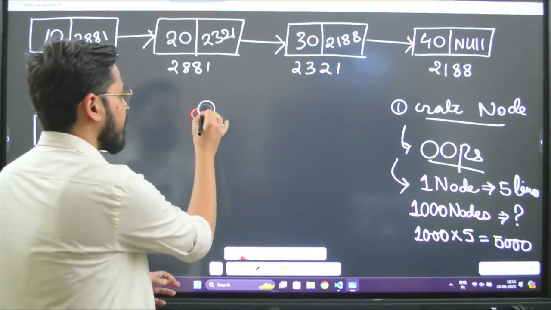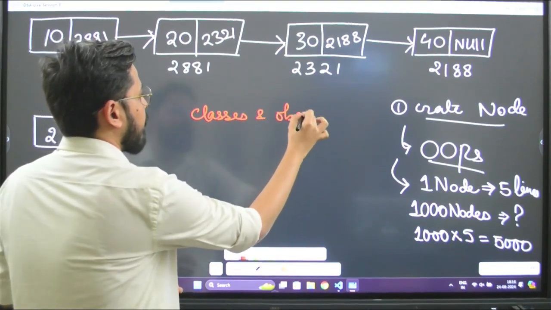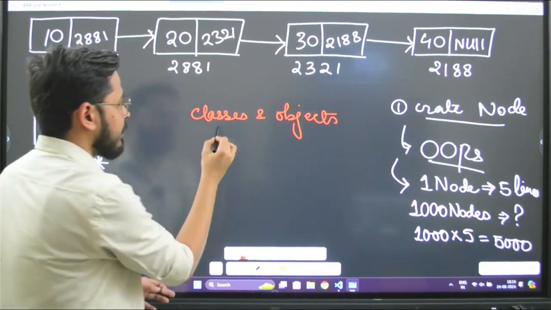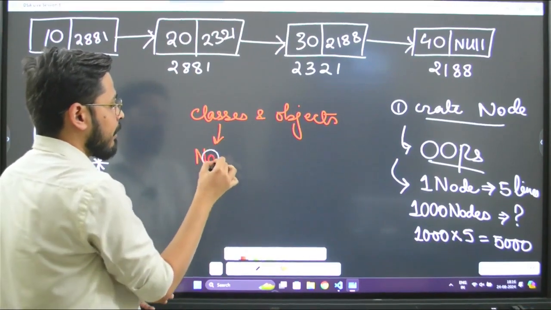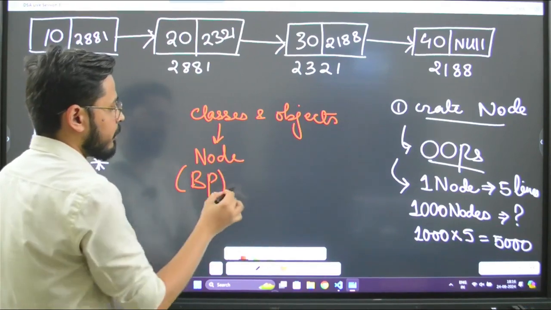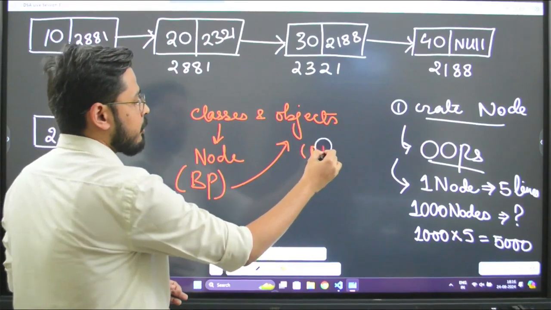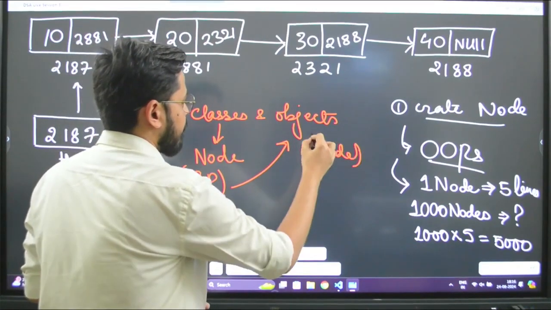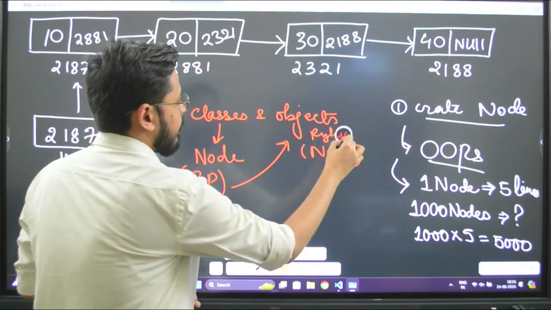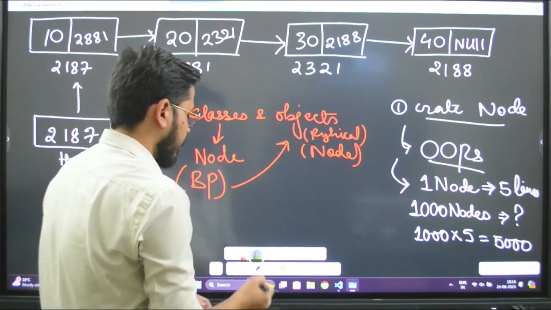We will use classes and objects, where I will create node as a class which will act as a blueprint for creating the object. Here the object is going to be the physical node itself. I hope this is very clear.